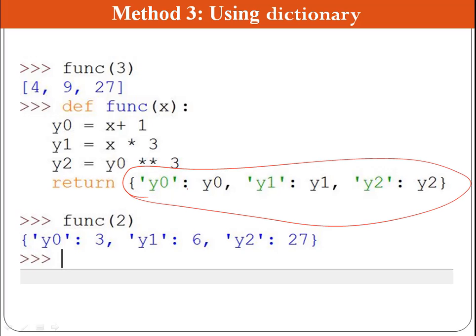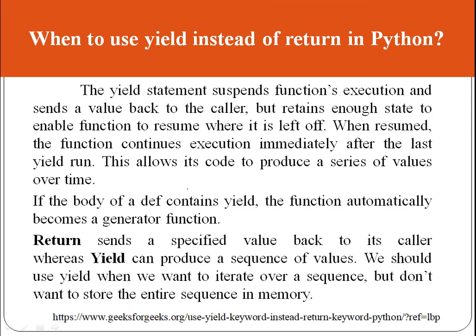You can use yield instead of return in Python. The yield statement suspends the function's execution and sends a value back to the caller, but retains enough state to enable the function to resume where it left off. When resumed, the function continues the execution immediately after the last yield run.